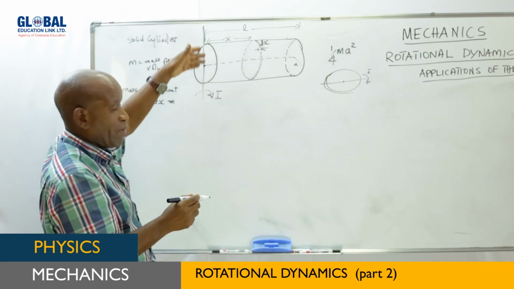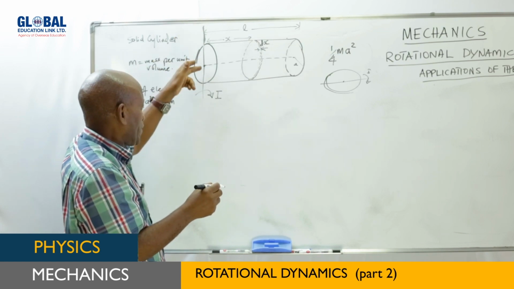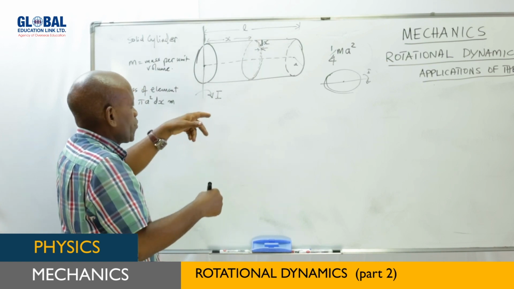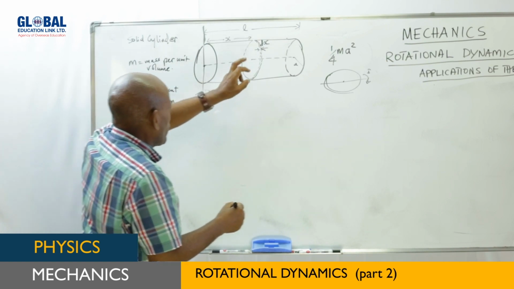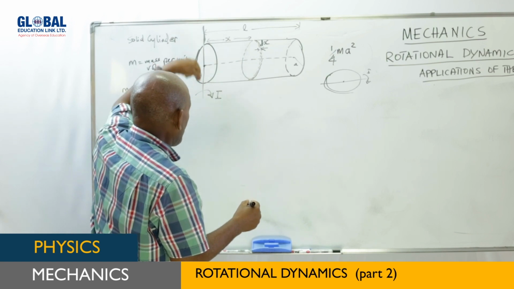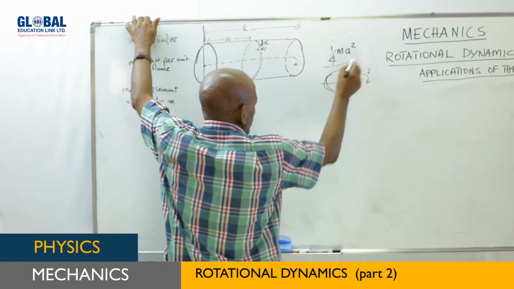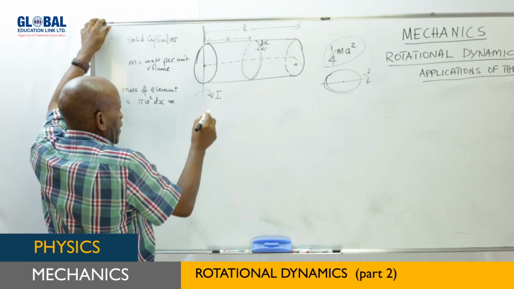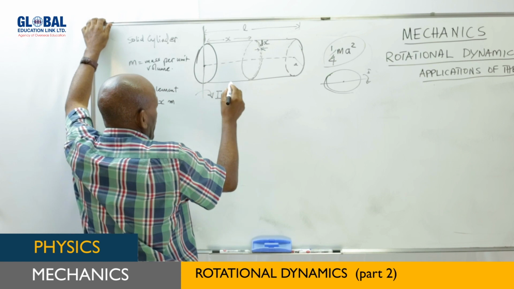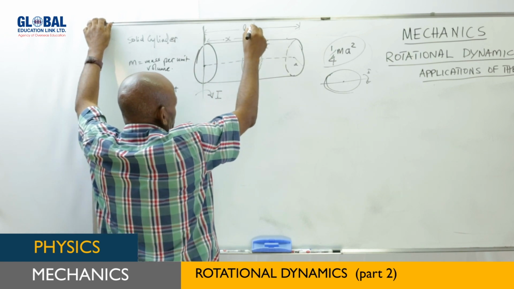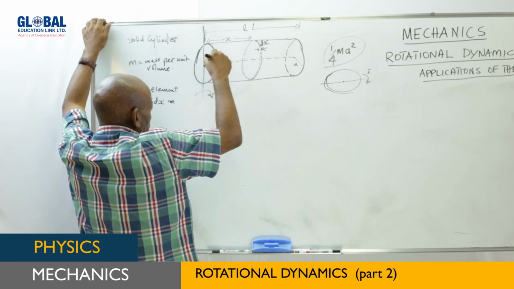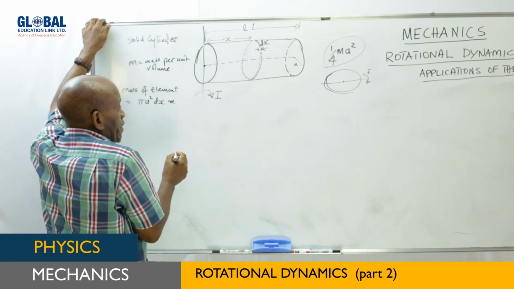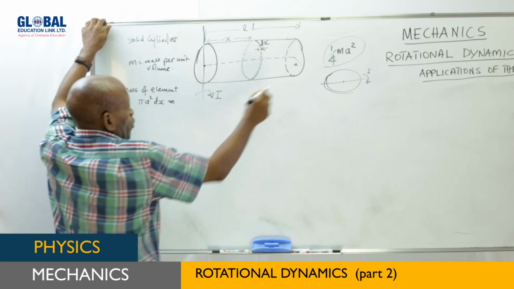It is the same as this one: whenever I have an axis passing through the center and I rotate this cylinder in this way, the moment of inertia of this disk, when rotated about this axis, follows the same formula. So the moment of inertia of this disk, when rotated about this particular axis, will be equal to that much.